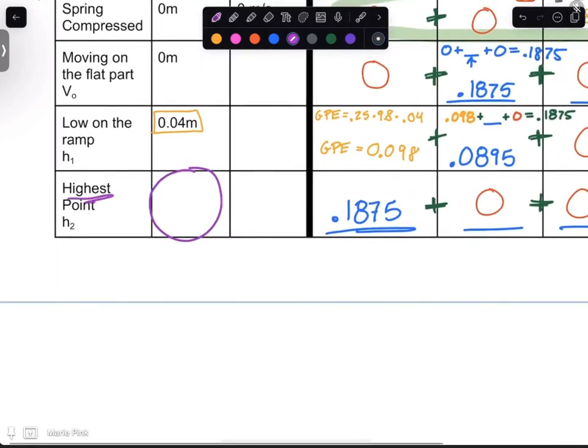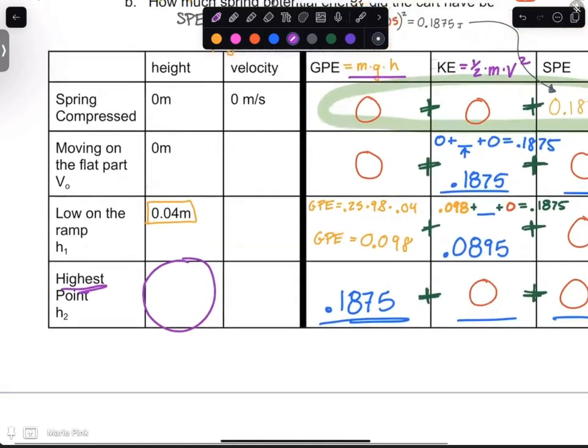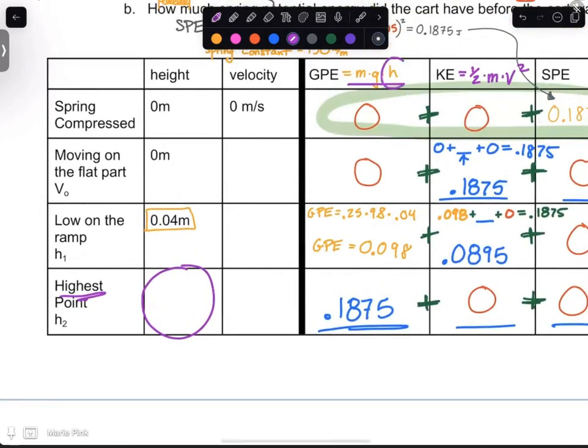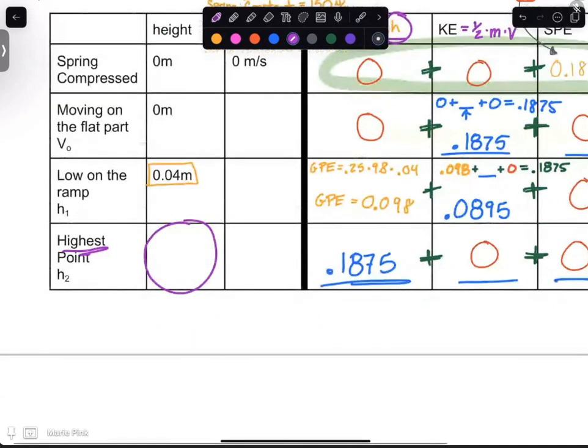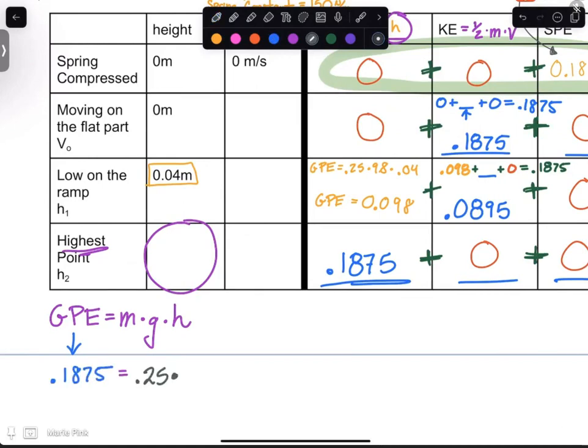So when we're talking about the highest point and the height, we need to use the equation that has height in it, which is gravitational potential energy. So gravitational potential energy is mass times my gravitational field strength times height. And in this case, my gravitational potential energy is 0.1875.